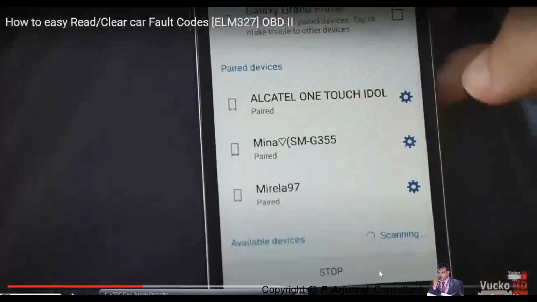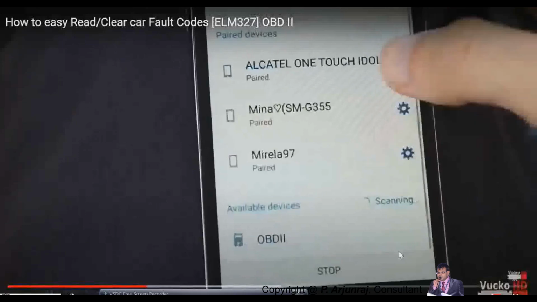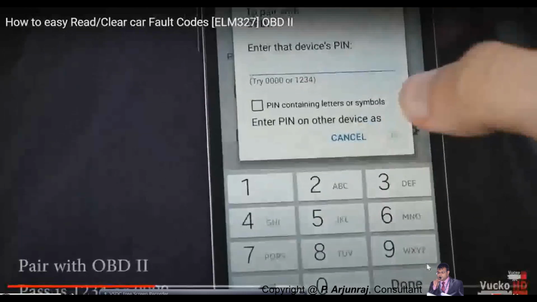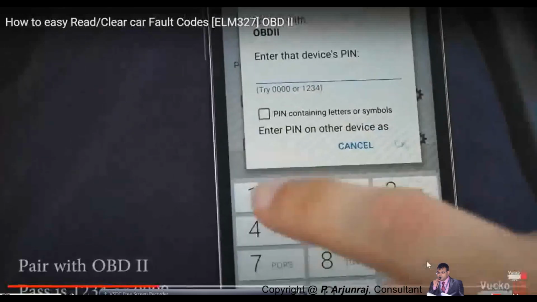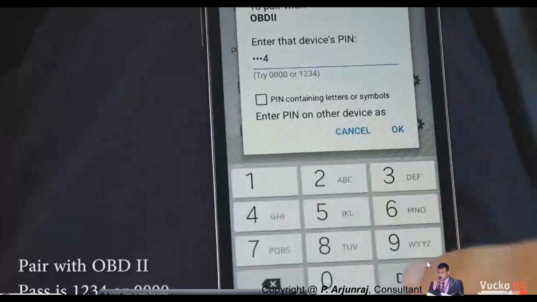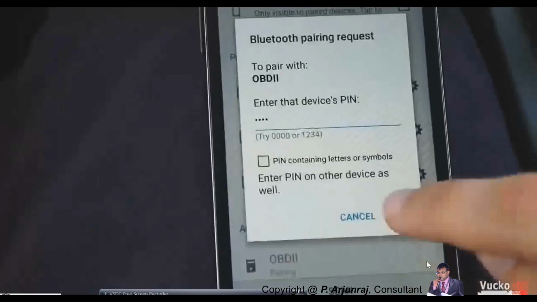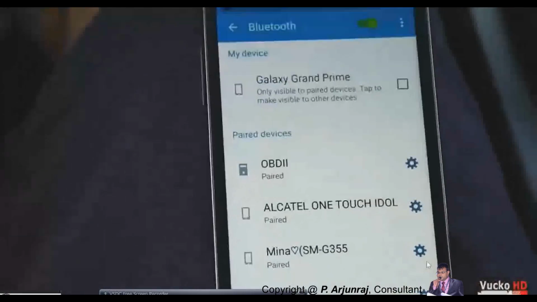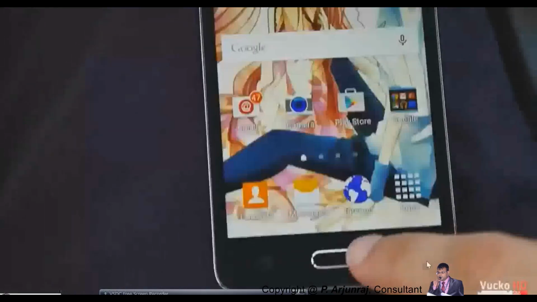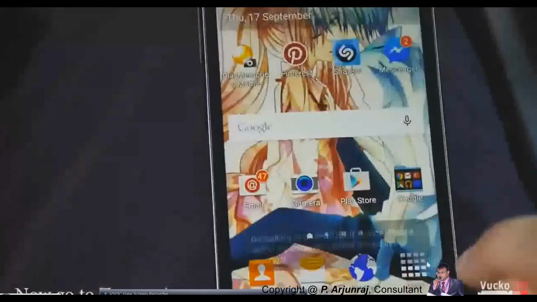Then you can find out the diagnosis. The person is using it with the help of a mobile phone. Also, whether you have done some OBD2 with respect to your lab or not, you can type in your chat box.